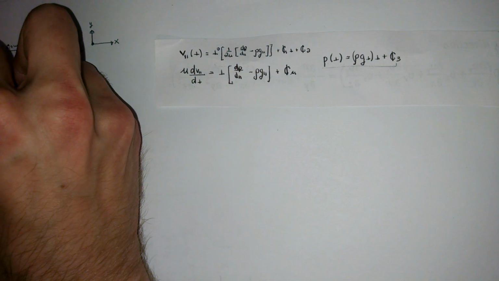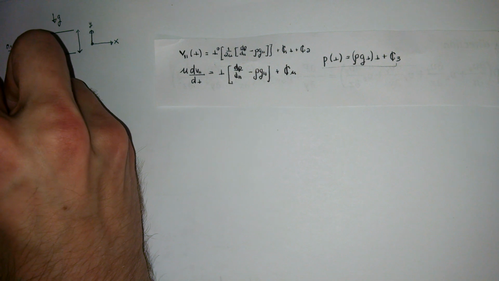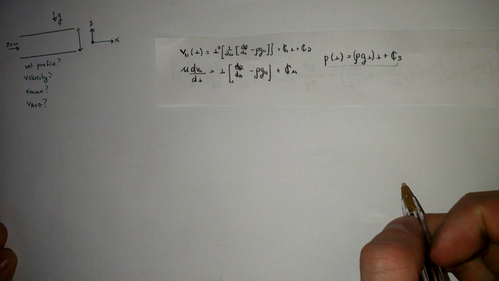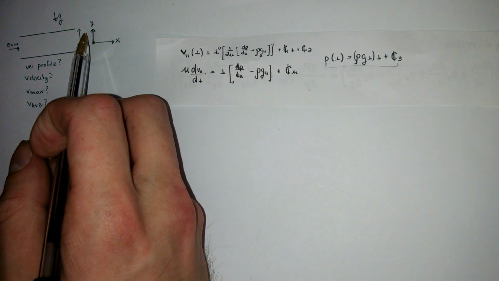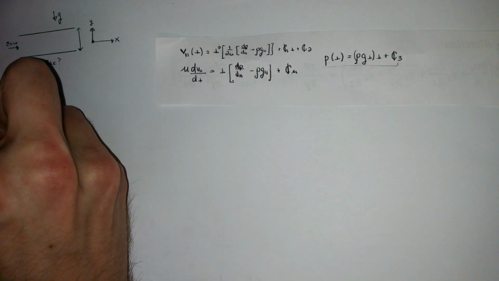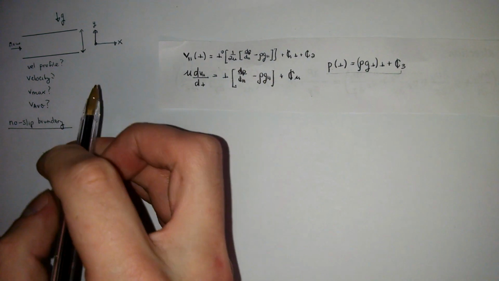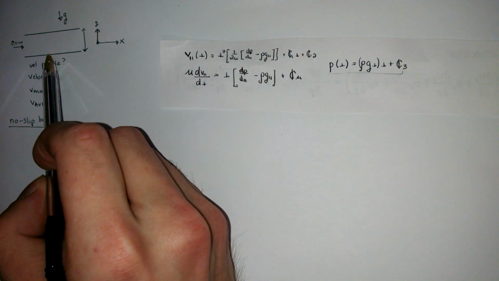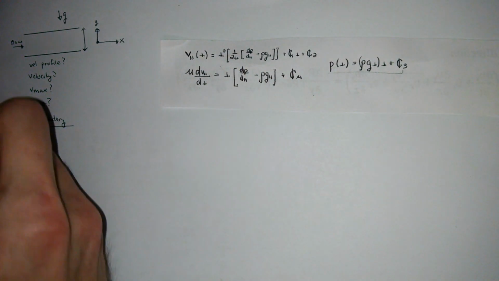So how can we solve for the velocity profile, V max, V average, all these things? Alright, well, now I need to look at the initial conditions and the boundary conditions of what we have here. So the first assumption we're going to apply is the no slip boundary condition that I mentioned before. That simply means that if we have a fluid going through here, the velocity at either of these edges will be 0.